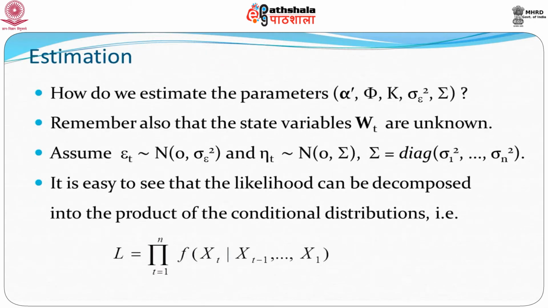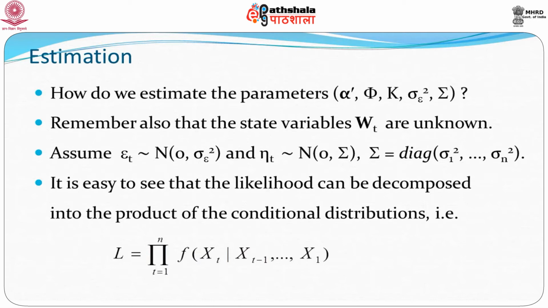Now, the question is, how do you estimate the parameters, which are alpha and sigma epsilon square from the observation equation, phi, k and sigma from the state equations. So, the first three are the parameters involved in the equations themselves, and the last two are the variance parameters.